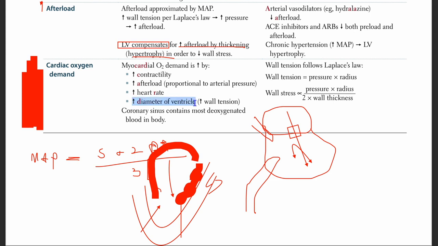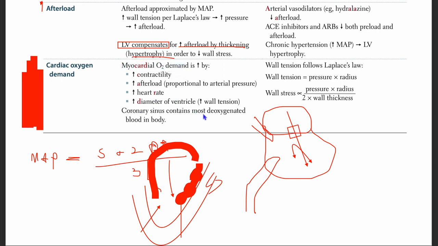Increase in diameter of the ventricle will also increase wall tension, and this happens in decompensated heart or dilated cardiomyopathy, right? So when you have dilated cardiomyopathy, that will increase wall tension as well because now it's trying its best, but it can't contract to the same diameter it used to. Okay, so all of this will increase oxygen demand.